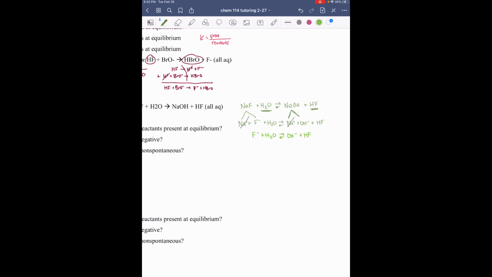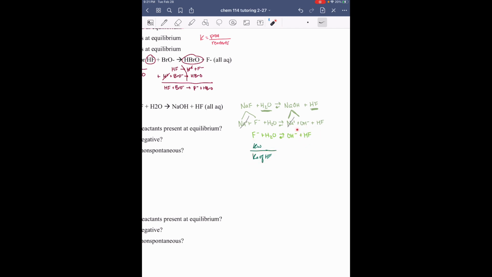And our K would then be Kw over Ka of HF. You can either recognize that because we have the water and the acid not on the same side: H2O going to its ions is normal Kw, versus ions to an acid is 1 over Ka.